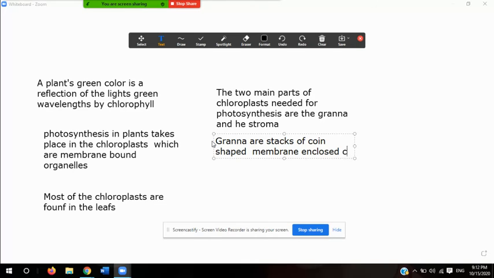So the grana are pretty much stacks of coins, and I'm going to try to draw that in a minute so you guys understand.